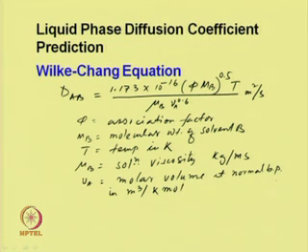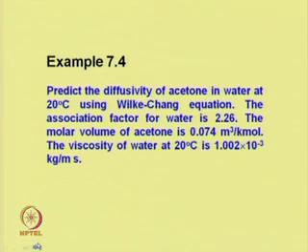So, let us consider a simple example to predict the diffusivity of acetone in water at 20 degree centigrade using the Wilke-Chang equation. The association factor for water is given 2.26. The molar volume of acetone is given 0.074 meter cube per k mole, and the viscosity of water at 20 degree centigrade is 1.002 into 10 to the power minus 3 kg per meter second.